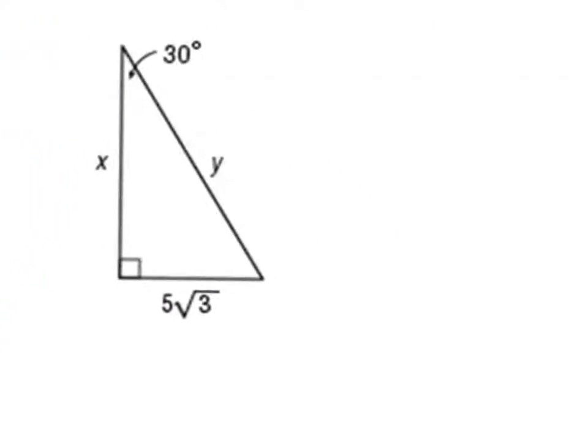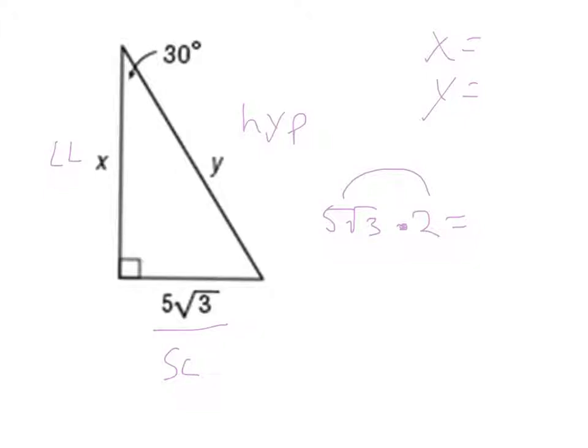Okay, here's the next example. Y is the hypotenuse. This is opposite the 30-degree angle, so that's the short leg. That's the long leg. So if I'm going from short leg to hypotenuse, I multiply it times 2. So I take 5 radical 3 times 2 equals, and remember, when we multiply, we just multiply whole numbers times whole numbers, radicals times radicals.